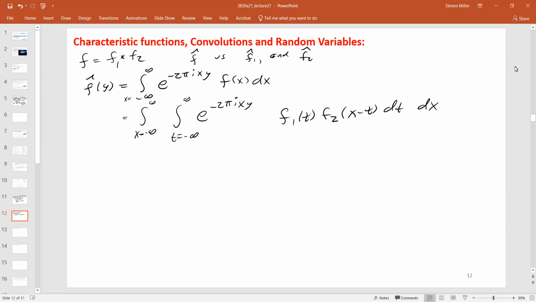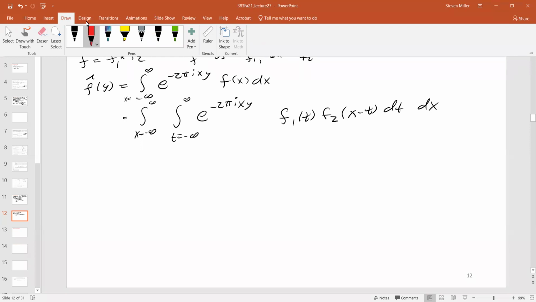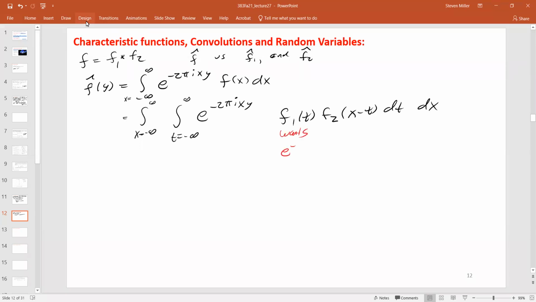Okay. I want to calculate Fourier transforms. So if I have an f1 of t, what does f1 of t want to be hit with to get a Fourier transform? The final variable we're going to get at the end of the day is y. So if I want the Fourier transform of f1 of t, what exponential would I want to hit that with? Yeah, so this wants e to the negative 2 pi i ty.